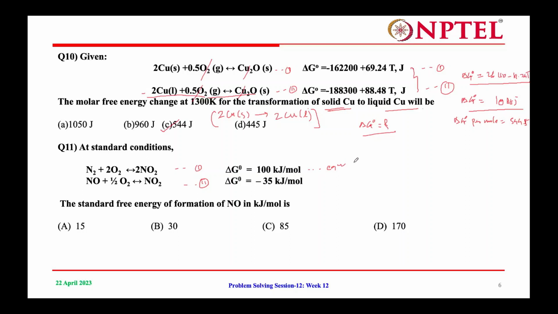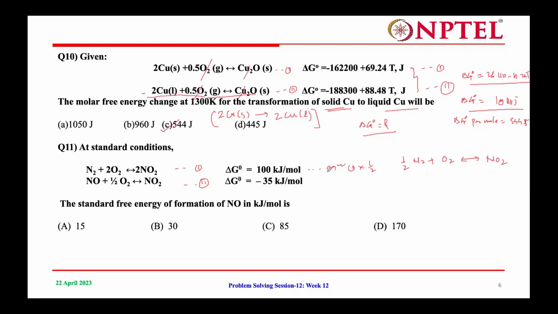Equation 1 multiplied by 1 by 2 gives 1 by 2 N2 plus O2 gives NO2, right?